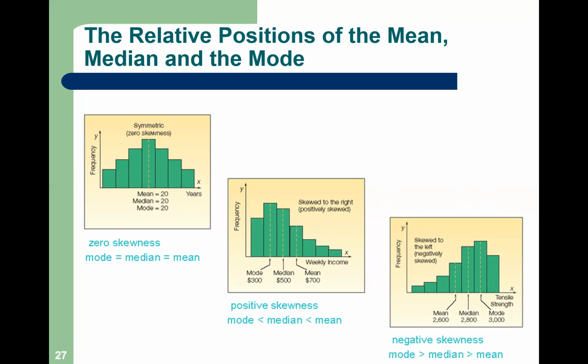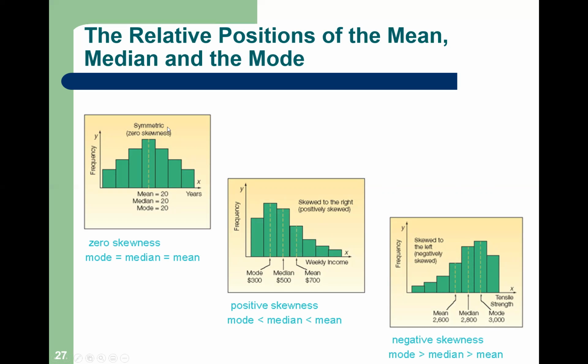The first graph on the left side shows a symmetric, normal, or zero skewed distribution. The second one is skewed. So there are two groups, symmetric and skewed. In skewed, there are two further categories: positively skewed and negatively skewed.